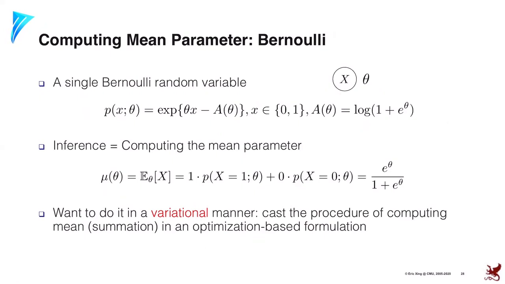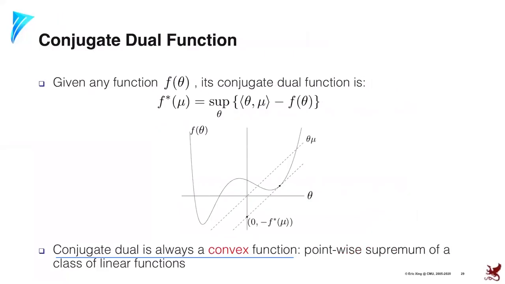But now we consider that we want to do it in a variational manner, in which we consider casting the procedure of computing the mean in an optimization-based formulation. Before we do this, let's first quickly go through the concept of the conjugate dual function. This will be very important later.